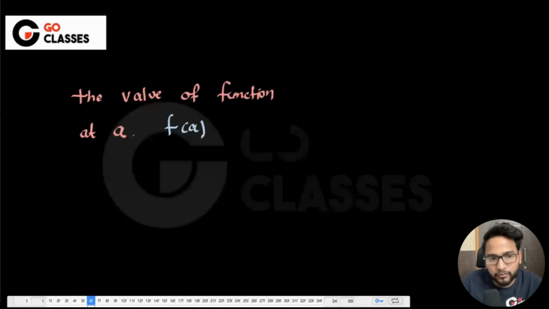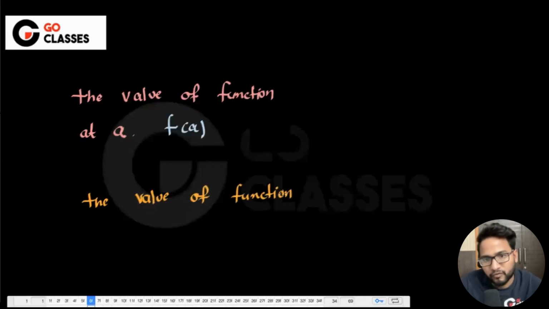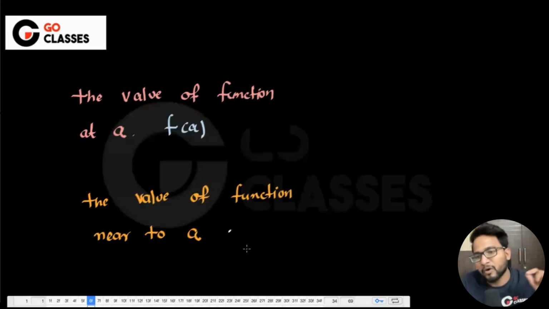But if I ask you the value of the function near to a, then what is the answer? The value of function very near to a is f(a plus h) or f(a minus h).